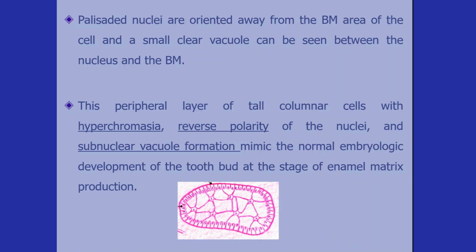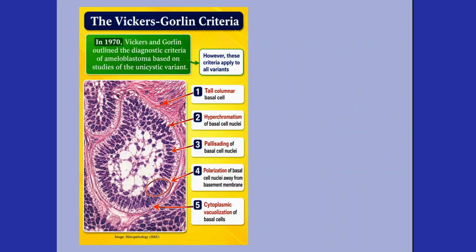So basically, this paragraph is trying to tell us its resemblance to the tissue which we see during the development of the tooth during enamel matrix production. That is why this is an odontogenic tumor. It is using up the odontogenic apparatus.